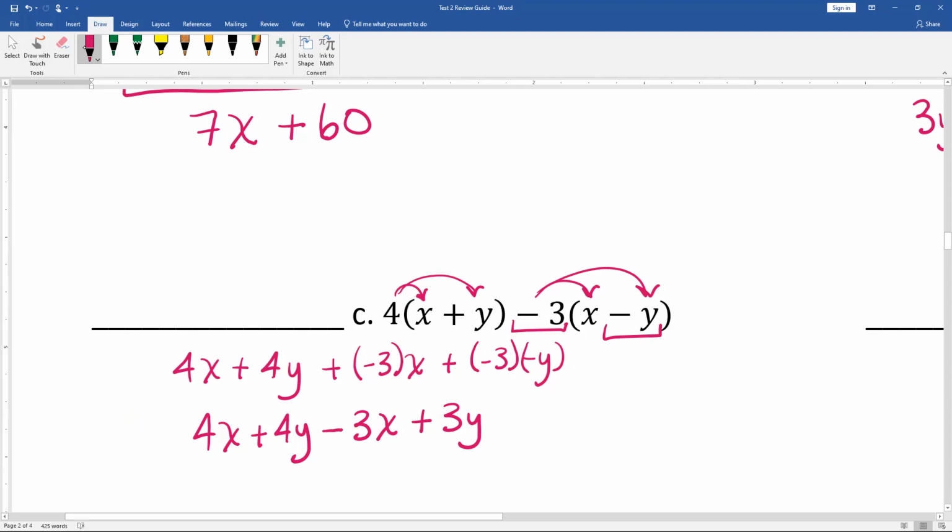All right, what are my like terms? We have a 4x plus a -3x, or the 3 is smaller, so we know this is 4 minus 3.